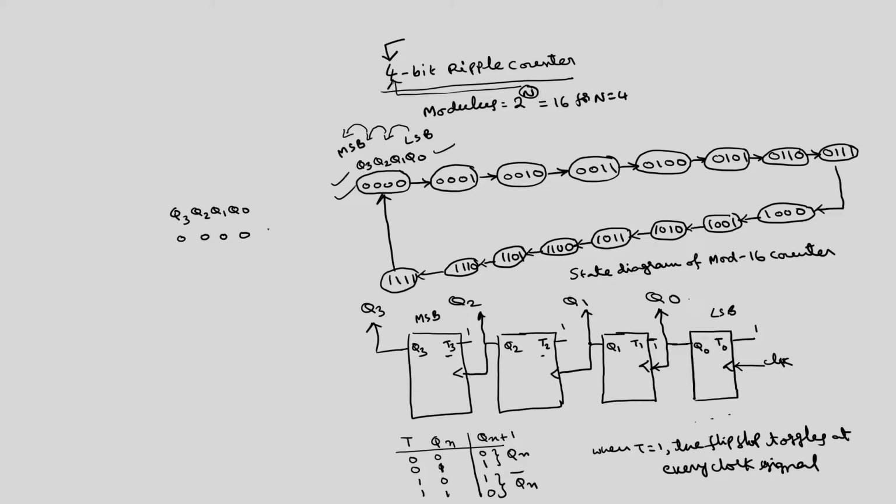This is before application of the clock signal, the 0th clock signal. How to establish these initial states? We have discussed using preset and clear signals.